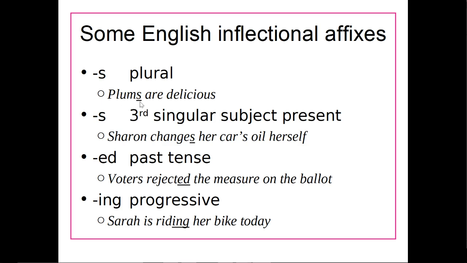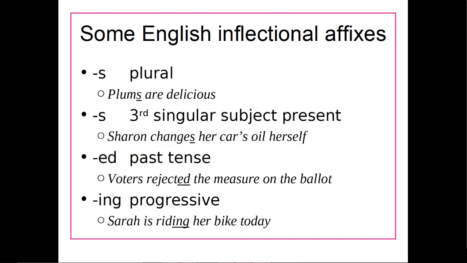And we can also use this plural s on just about any noun. So this is an example of an inflectional affix because it satisfies all those requirements: it is productive, it is very predictable in its meaning, and it's not changing the class of the word we're talking about.